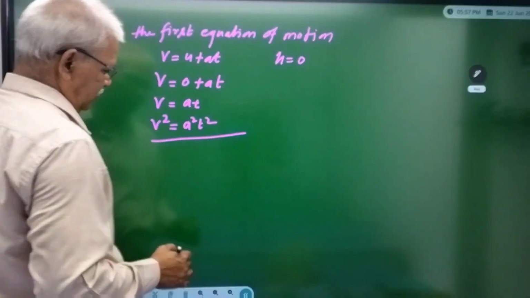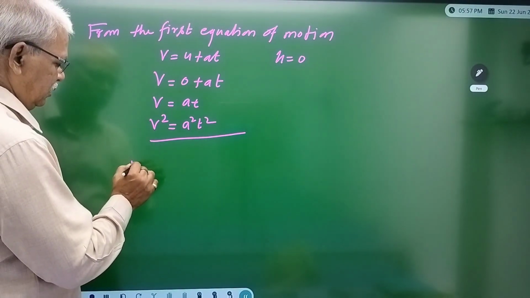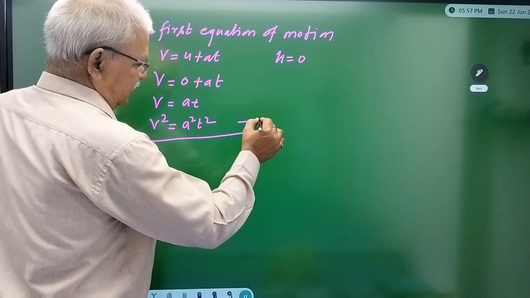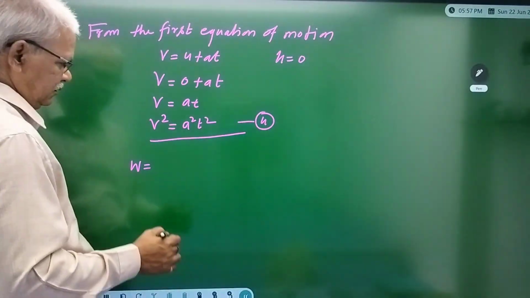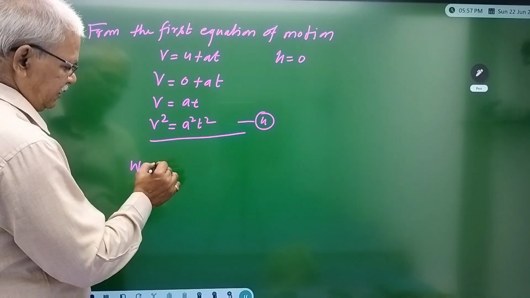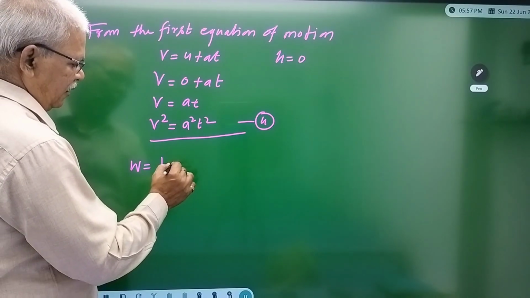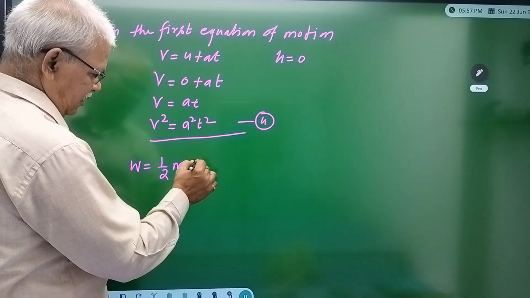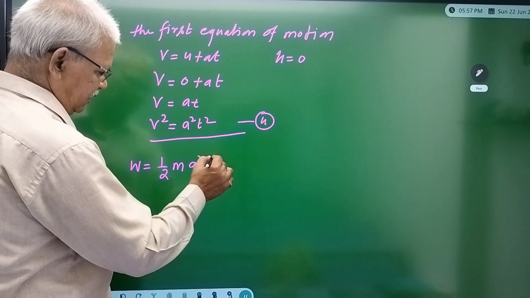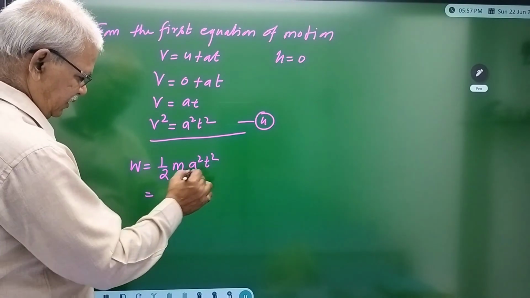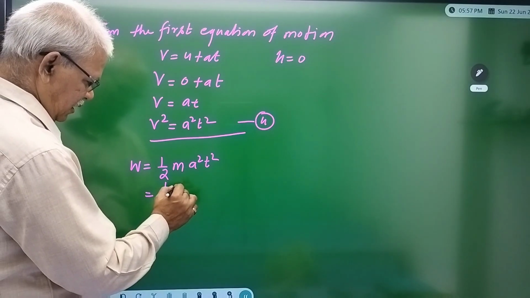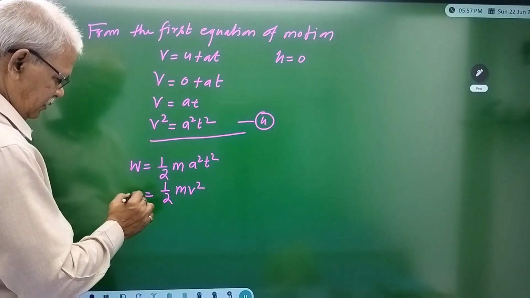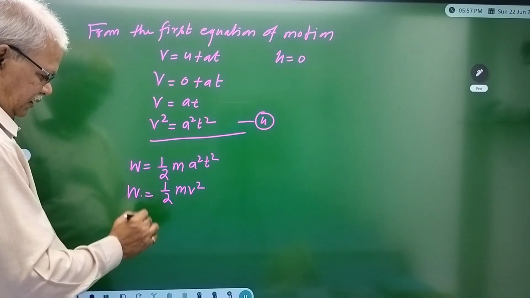Substituting this value in the fourth equation, where we have a square t square, instead of this we will write v square. This is the work done.